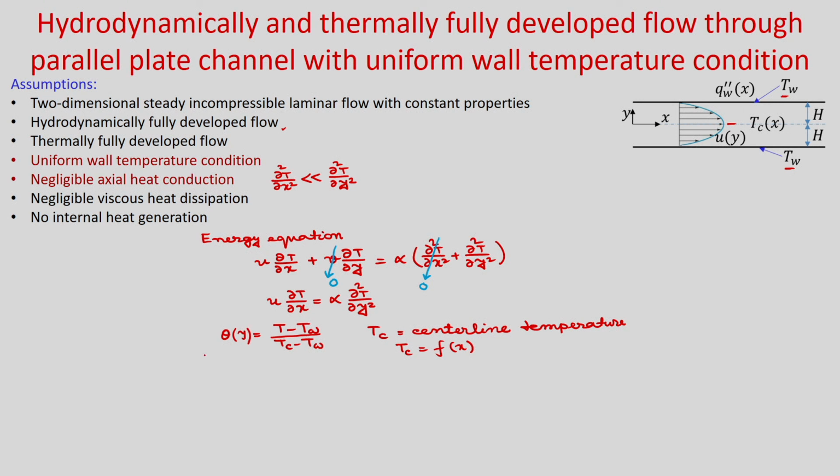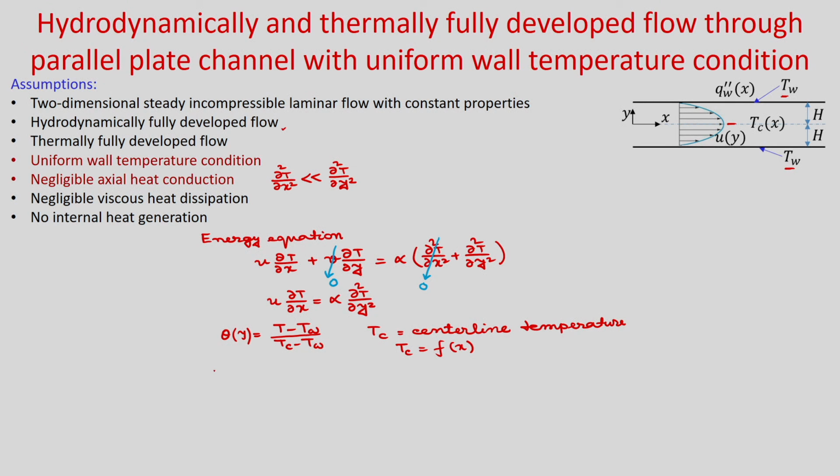Like we defined the non-dimensional temperature phi with respect to the mean temperature, similarly here we are defining another non-dimensional temperature theta with respect to T c minus T w. So, here theta will be a function of y only, it will not vary along the axial direction. We are taking this non-dimensional temperature so that our calculation will be easier and it will be easy to calculate the Nusselt number.